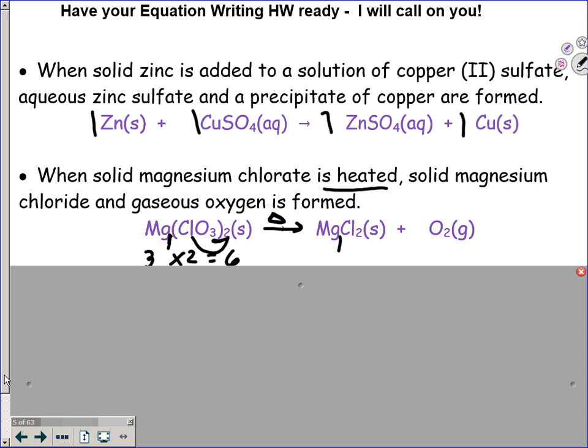At this point, what's the only thing I'm adding to balance? Coefficient. So I'm going to put a number right here. What coefficient do I need? 3. A 3, because this 3 distributes itself to the 2 subscript, and I have 6 oxygens. Okay, I'm going to keep doing a couple more out loud. So follow through. This is a 1 to 1 to 3 ratio.